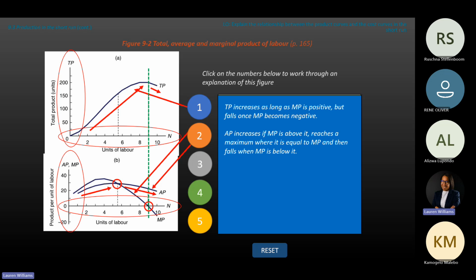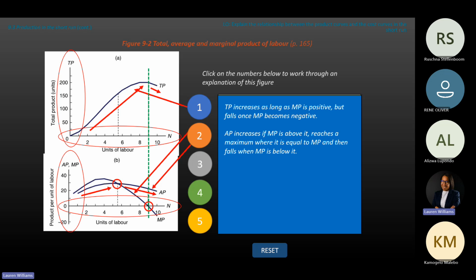Then they also look at it from a context of saying, but then what happens while our total product is increasing at an increasing rate? What is happening to our marginal product versus what is happening to our average product? So we're saying, as your total product is increasing at an increasing rate, your marginal product is larger than your average product.